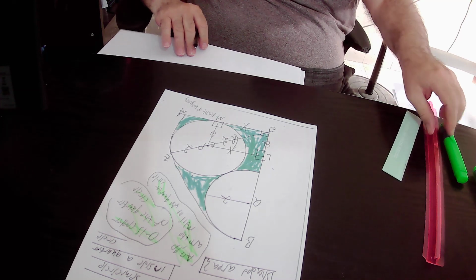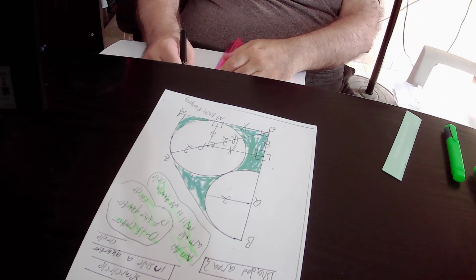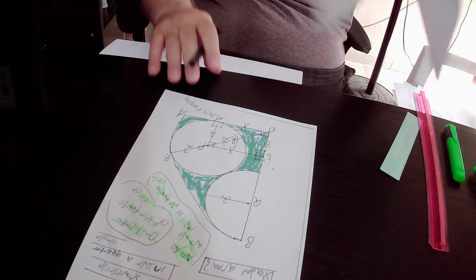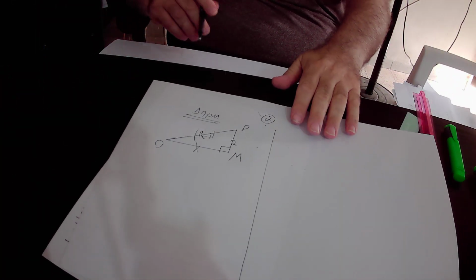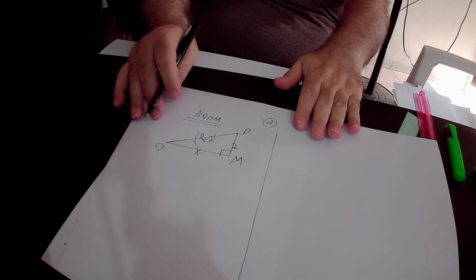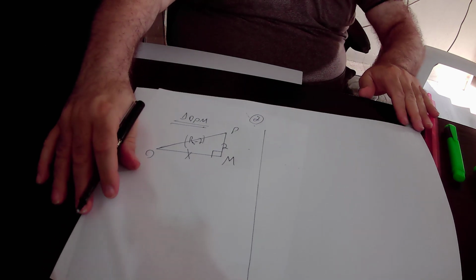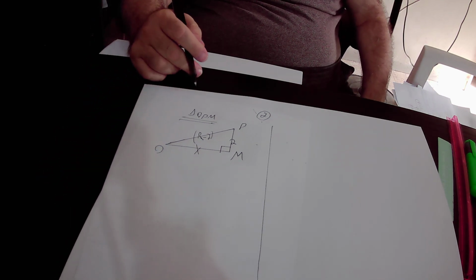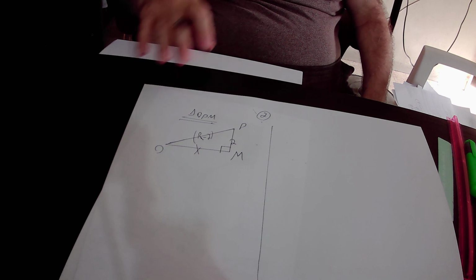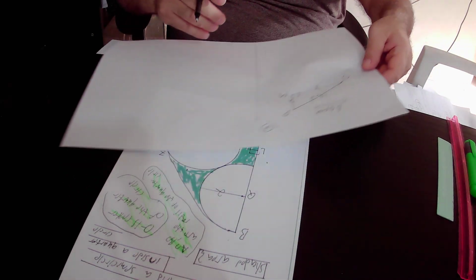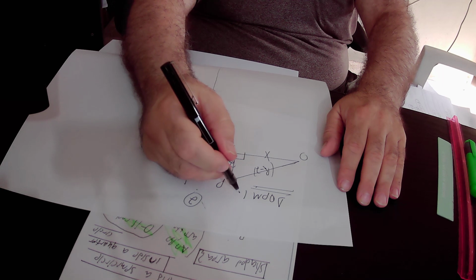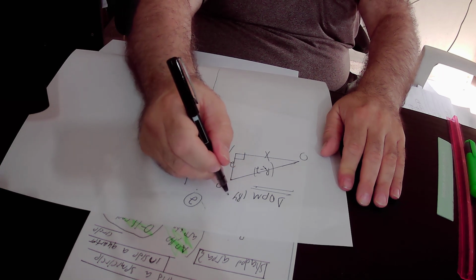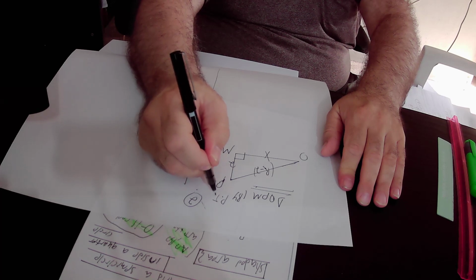So this is the right triangle OPM that I copied from the original drawing. So here, according to the Pythagoras theorem, here my PT is abbreviation for Pythagoras theorem.